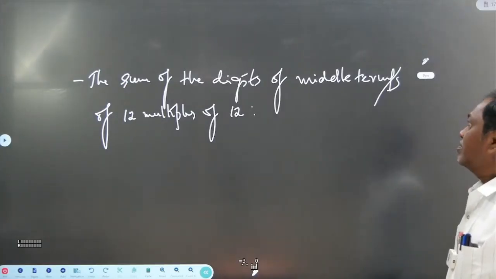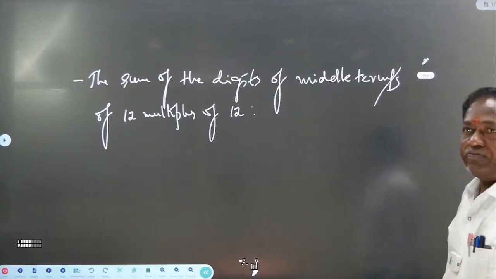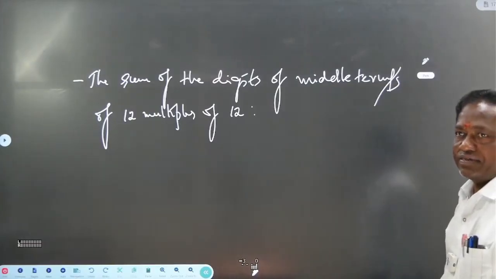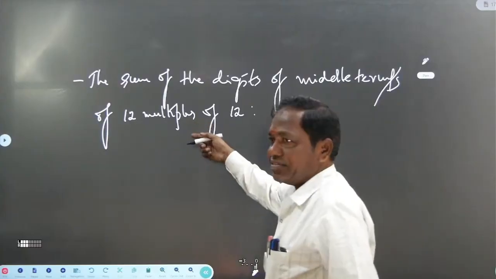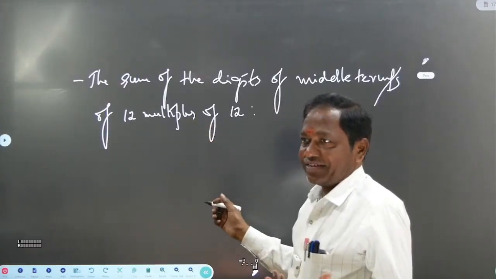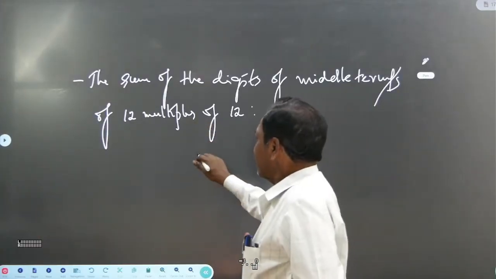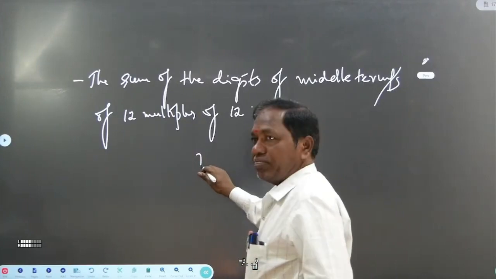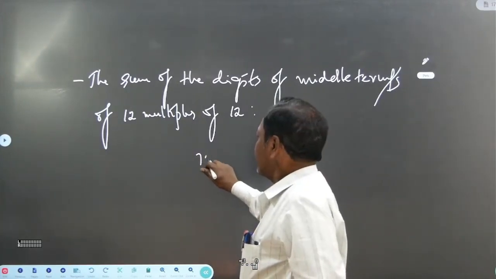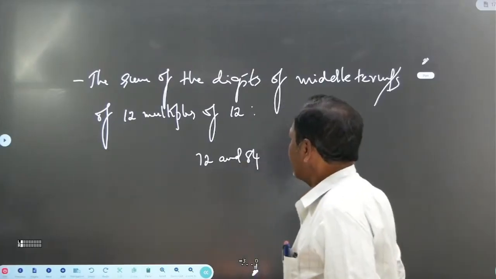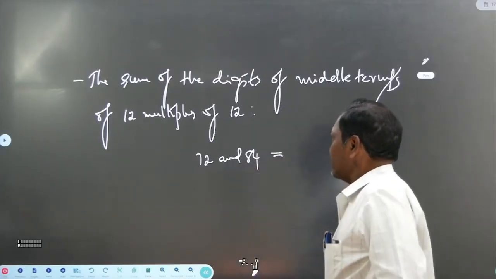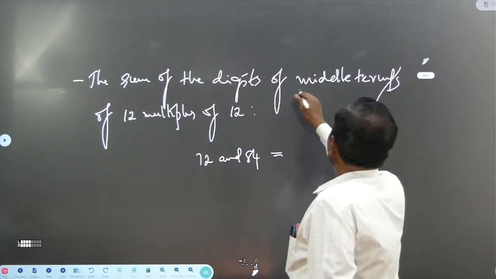Now 12 multiples of 12, it's like that. 72, yes, you can tell like that. So when he sees that instantly, people go panic. What are those numbers? 72 and 84, right. What will happen is the sum of the digits of the middle terms.